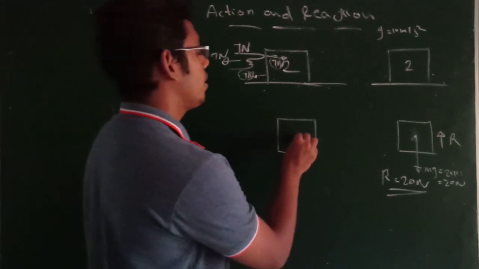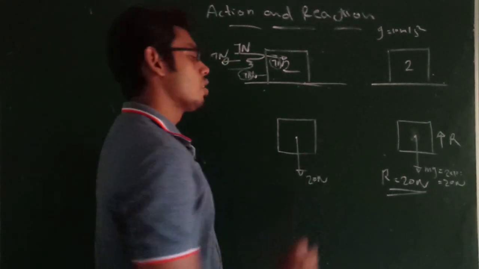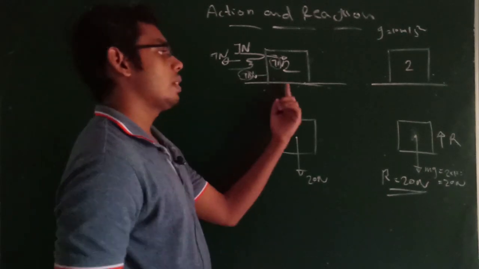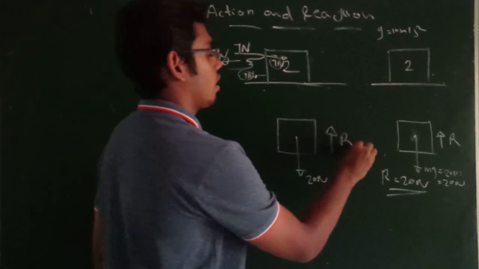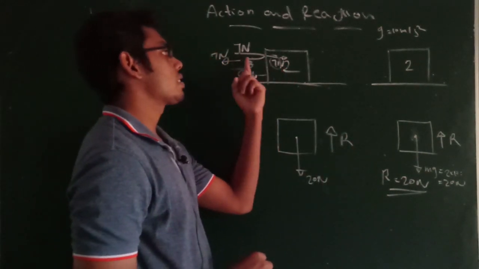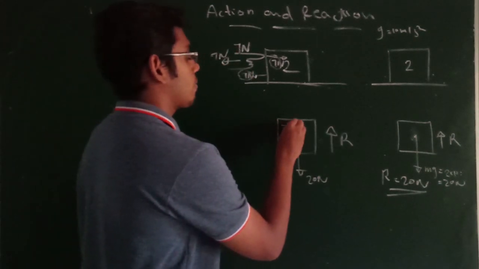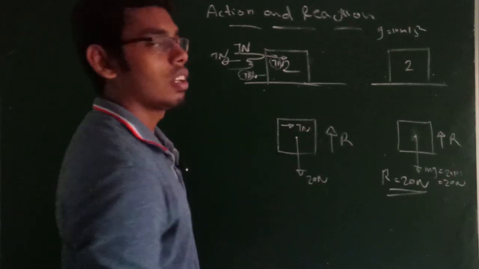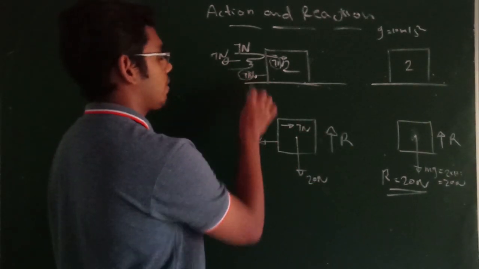Again, we have the gravitational force, that is 20 Newton. You know this block is placed on the ground surface, so here we have the same reaction force. Then this 7 Newton is an action force which is created by this hand. Then we want to mark that force also, 7 Newton. Now I am just marking an additional force here, this 7 Newton.